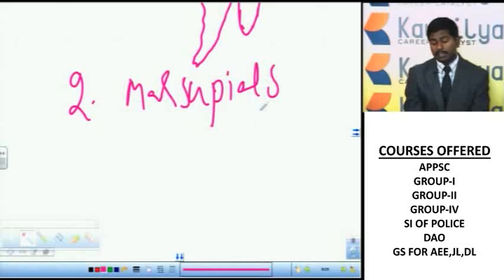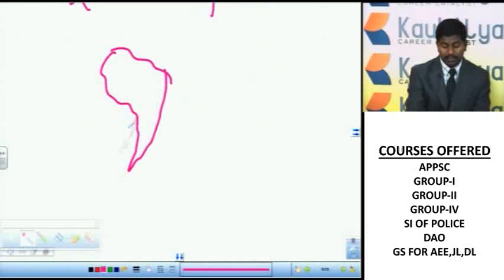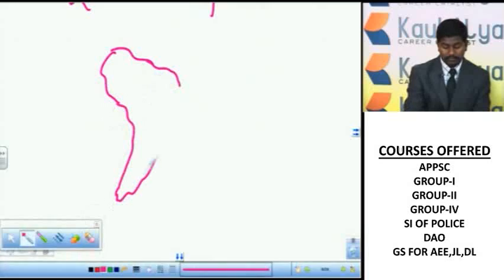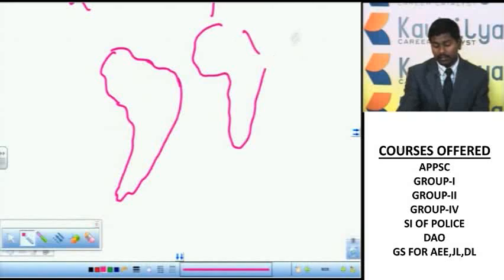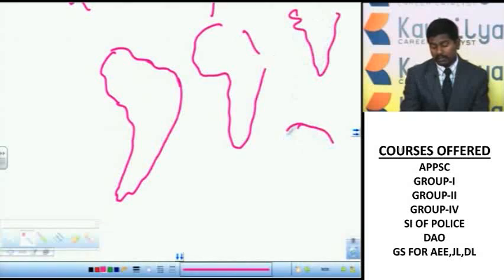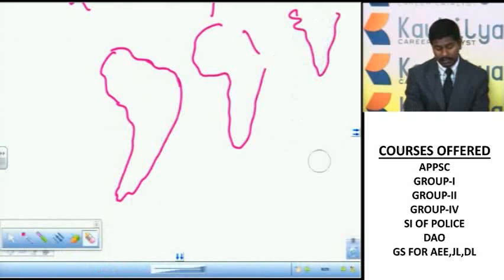These marsupials are the earlier form of kangaroos, and these fossils are found in the southern part of South America here, and in the Africa continent, and these fossils are also found in the southern part of India, and somewhere in these parts of Australia.